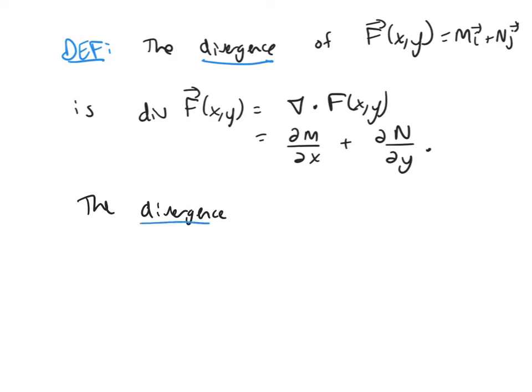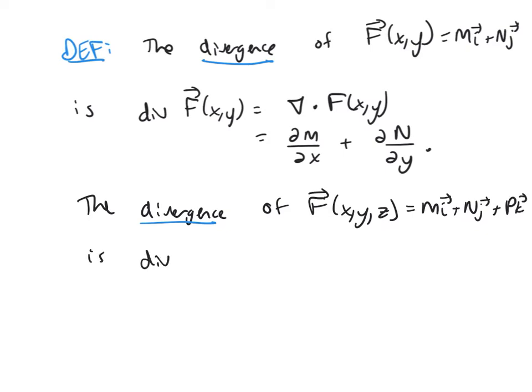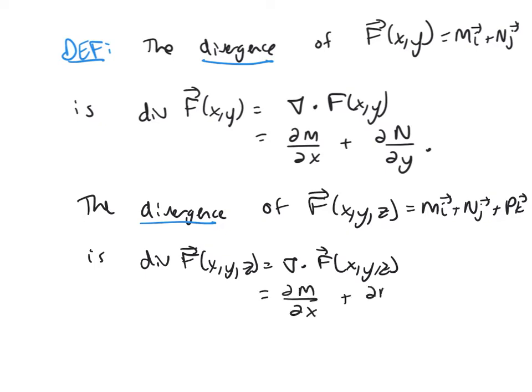The divergence of F(x, y, z), which is mi plus nj plus pk, is defined to be, it's still the dot product of the gradient and the vector field, but it's now going to be the partial of m with respect to x, plus the partial of n with respect to y, plus the partial of p with respect to z.